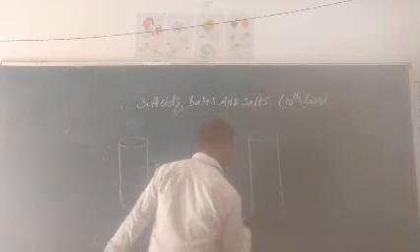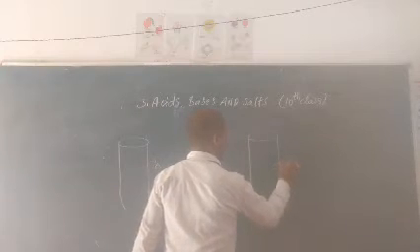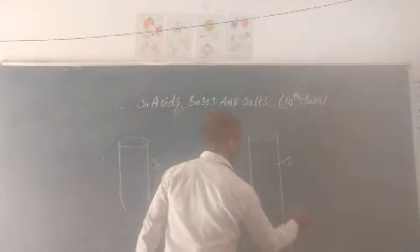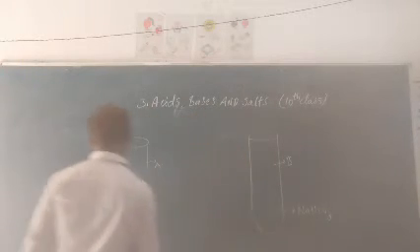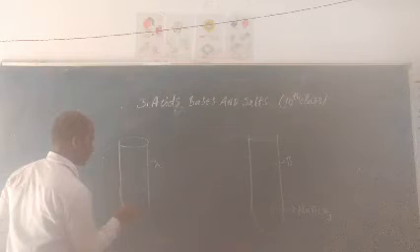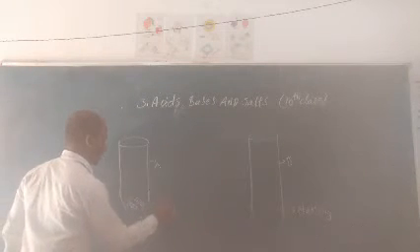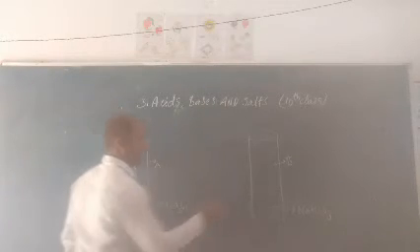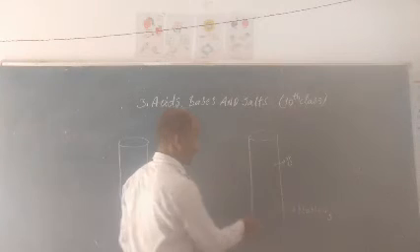This test tube B consists of sodium hydrogen carbonate, NaHCO3. This one consists of sodium carbonate, a metal carbonate, Na2CO3. Metal hydrogen carbonate: sodium is the metal, plus hydrogen carbonate.